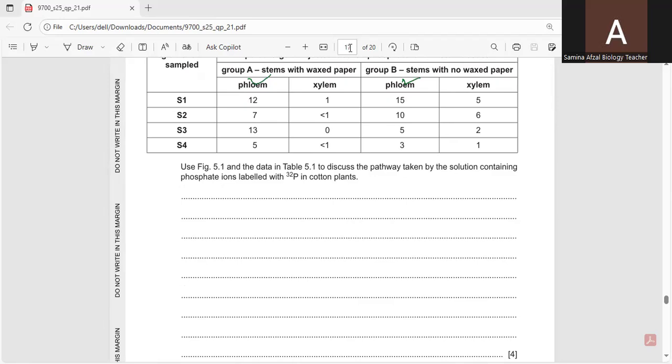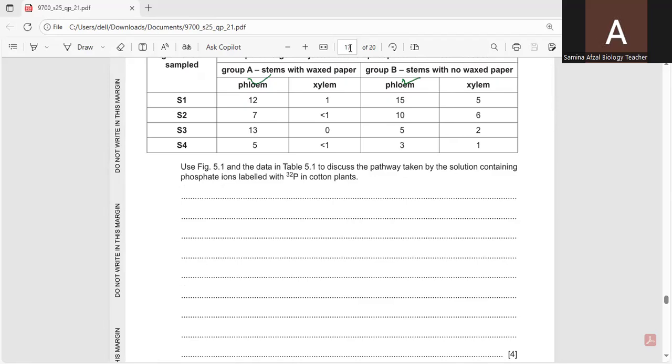So I think I have told you that the phloem is translocated by the phloem cells, but then you know that the waxed paper is there, which will prevent the entry of this phosphorus 32 into the xylem.